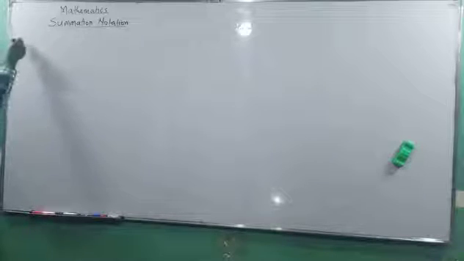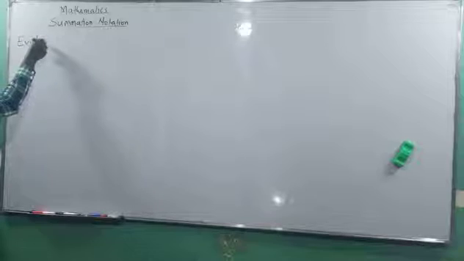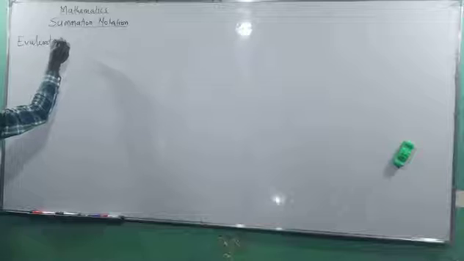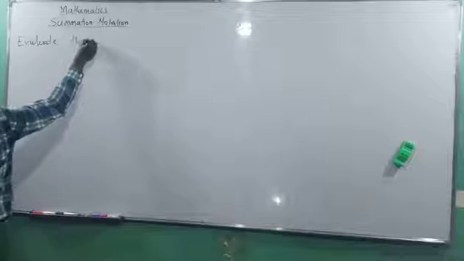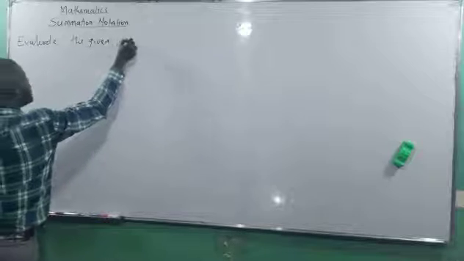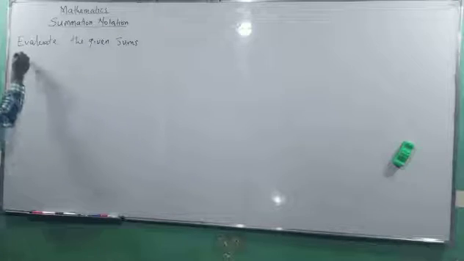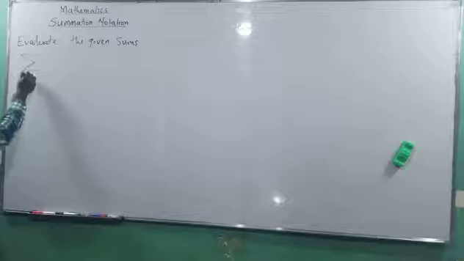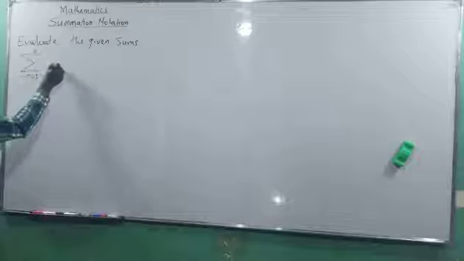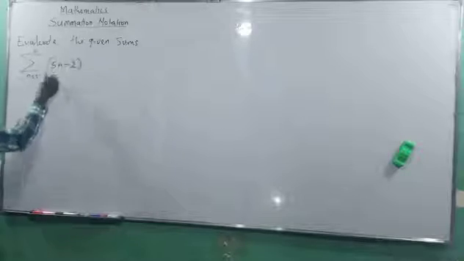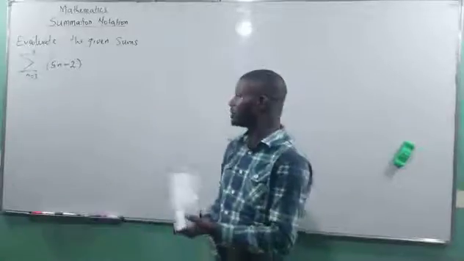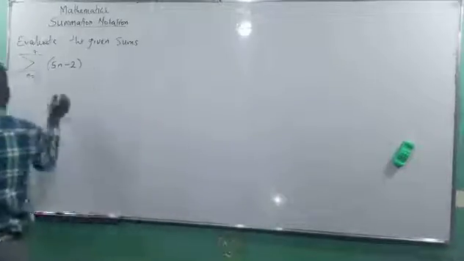I'm asked to evaluate the given sum: n from 3 to 7 of 5n minus 2. Now look at this. I'm asked to evaluate this. This is very simple. How do I solve this problem?